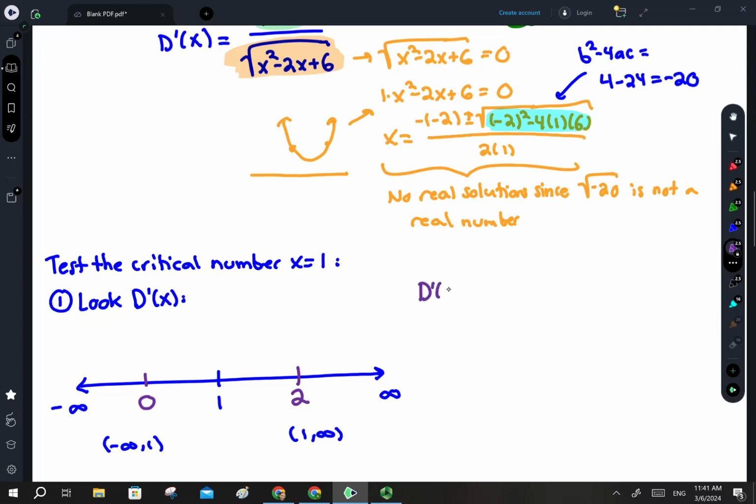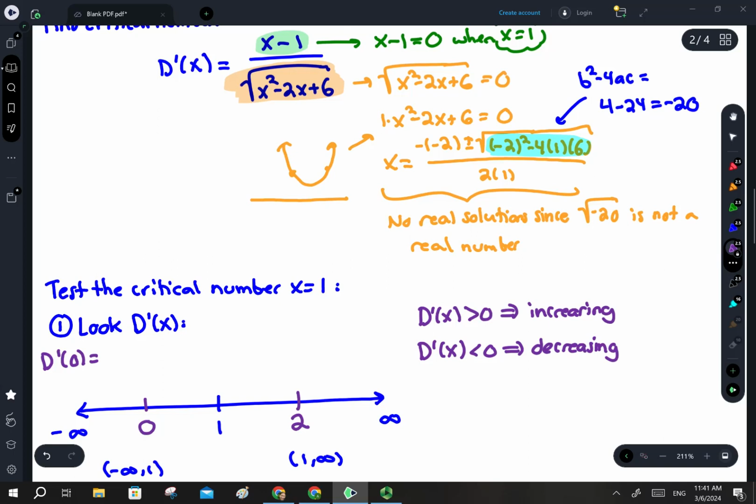And I'll remember that if my first derivative is positive, that means my function is increasing. And if my first derivative is negative, that means the function is decreasing. If I look at the first derivative evaluated at 0, I get 0 minus 1 over the square root of 0 squared minus 2 times 0 plus 6.